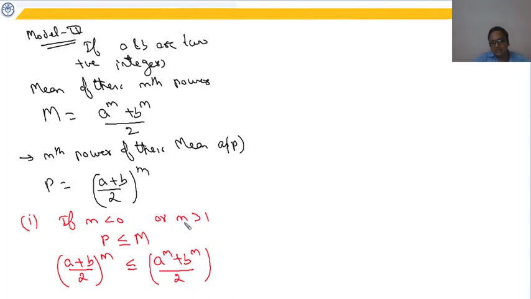When the power is less than 0 or greater than 1, P is less than or equal to M. Yes? So P is less than or equal to M.